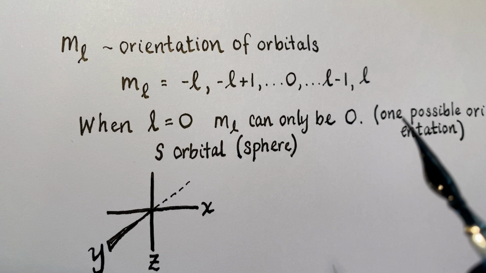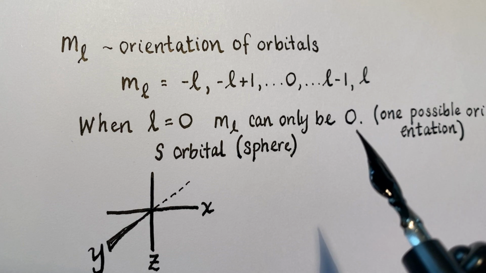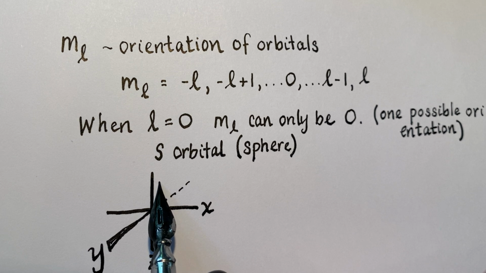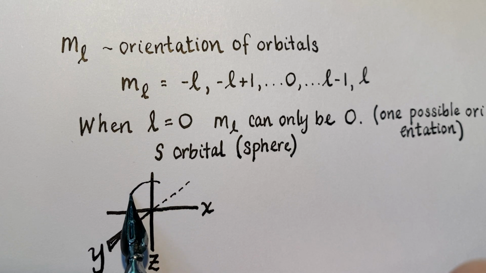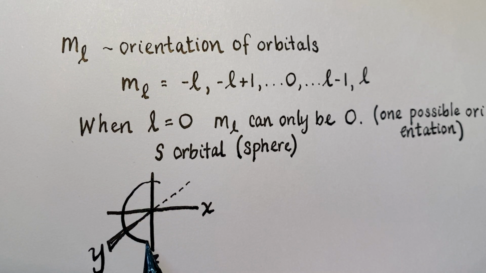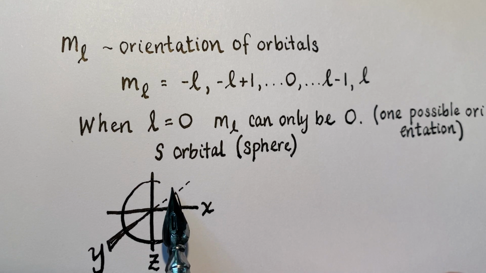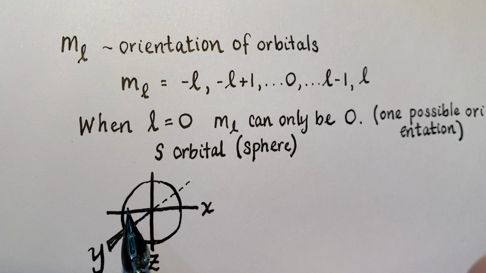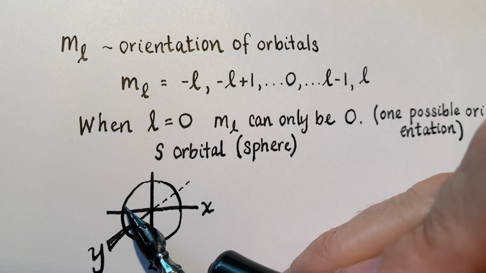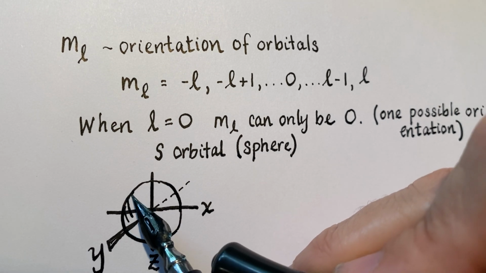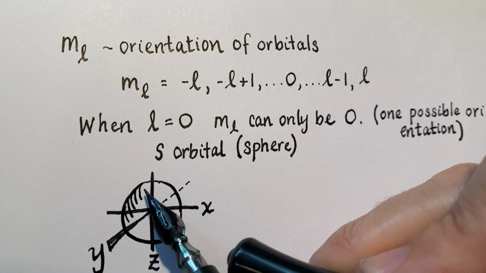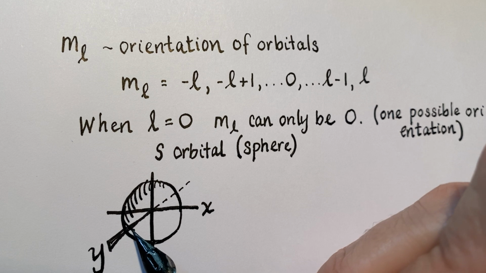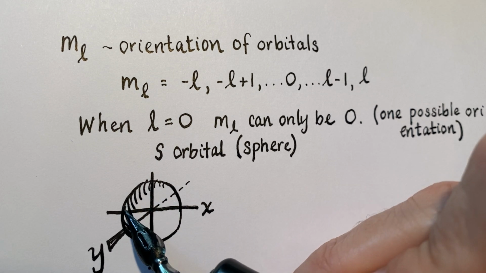So this is a 3-dimensional Cartesian coordinate axis. And our S orbital is a sphere in all of this. So we can even make it look more like a sphere. Imagine the light coming from down below. Okay, this is our sphere.